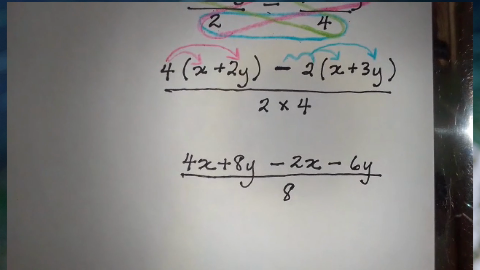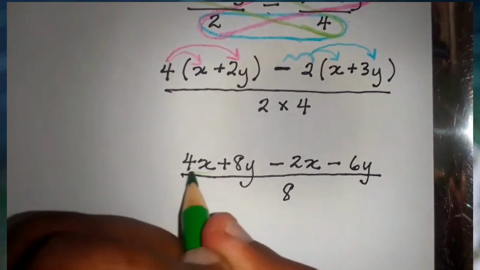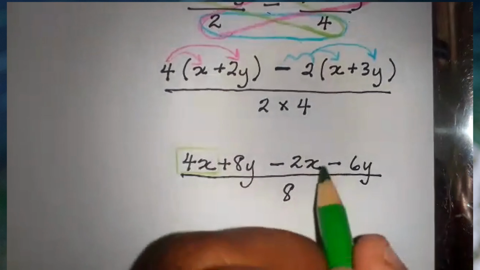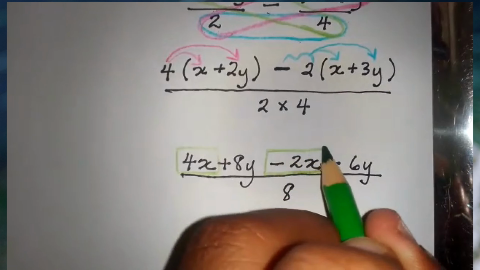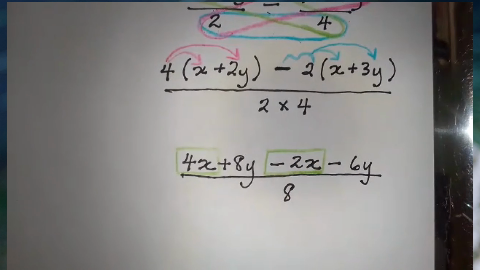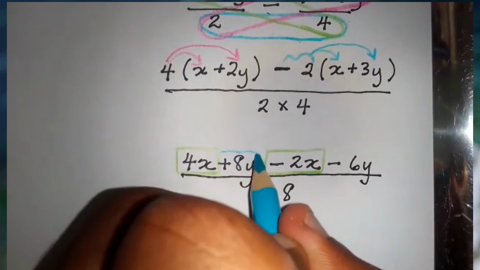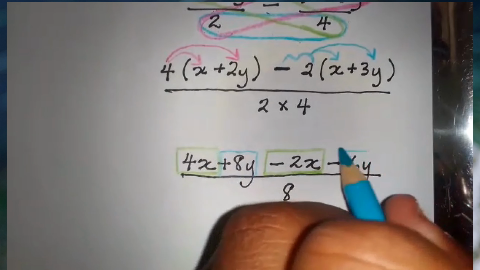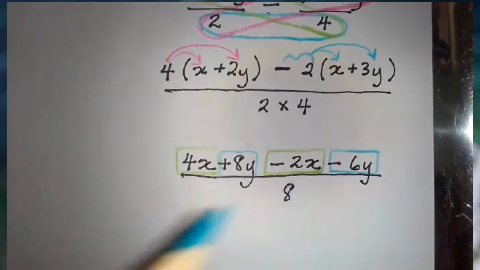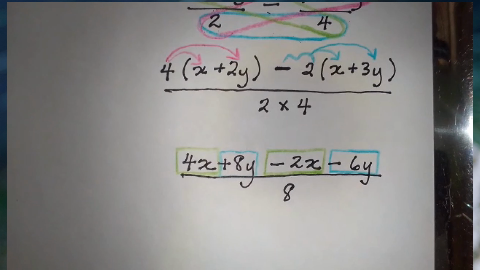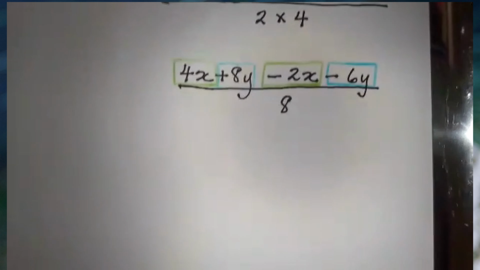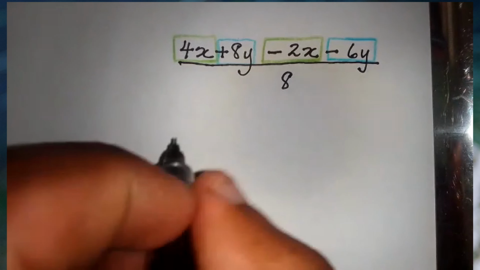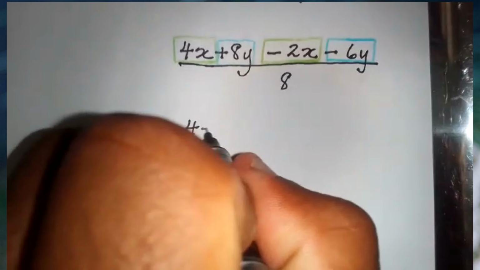When I look in my new numerator, I can see that there are some common terms. I see a 4x here, and I see a minus 2x here. So I can put those together. There's a plus 8y here, and there's a minus 6y here. So I can put them together and make them simpler. So to do that, this is what I'm going to do. 4x minus 2x.